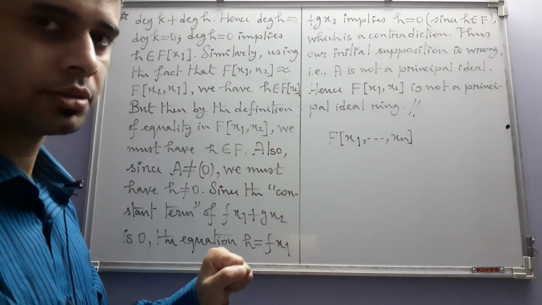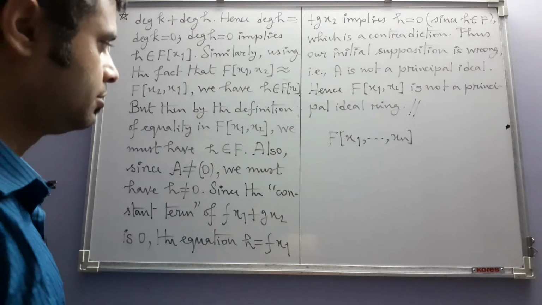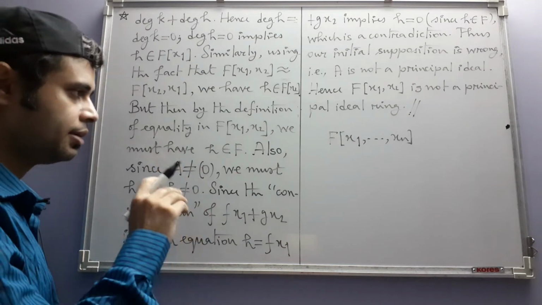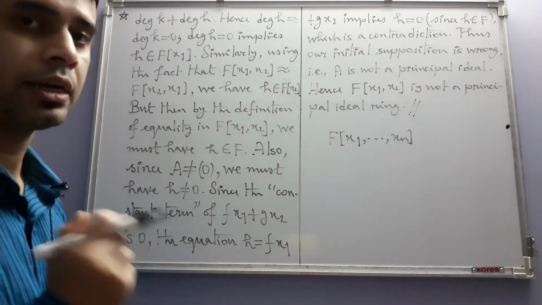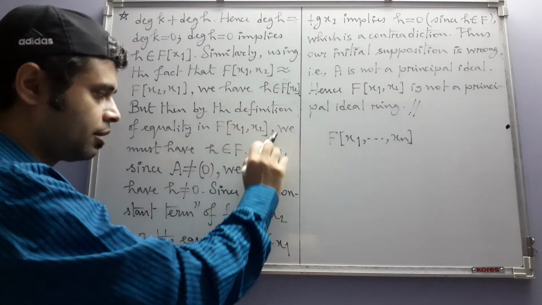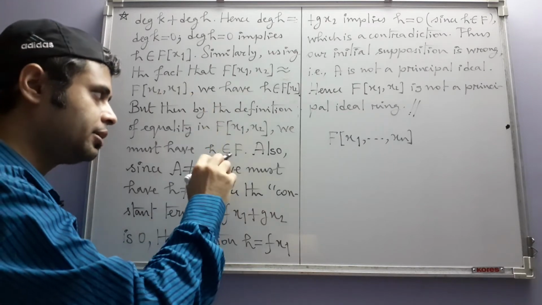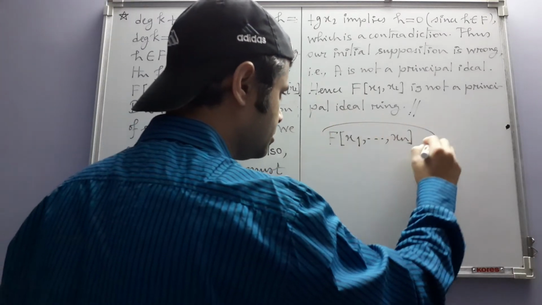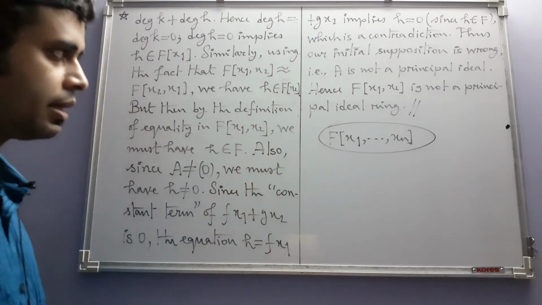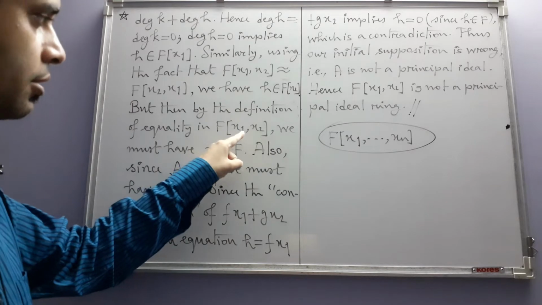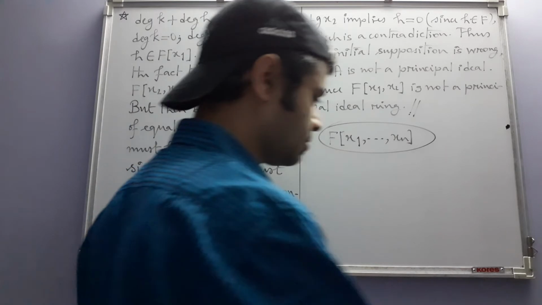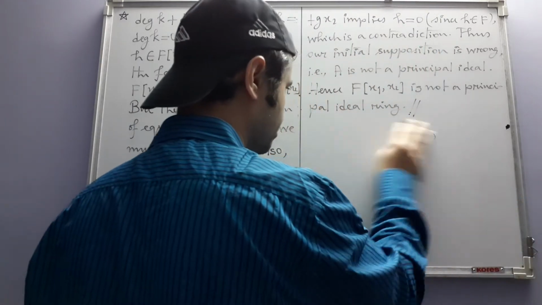This is not. So that means this cannot be a Euclidean ring. But we also proved that every Euclidean ring is a unique factorization domain. From our theory of general polynomial rings like this, we have already proved that this is a unique factorization domain. So this particular ring is an example of a unique factorization domain that is not a Euclidean ring. Okay. So that conclusion we can draw from this exercise.